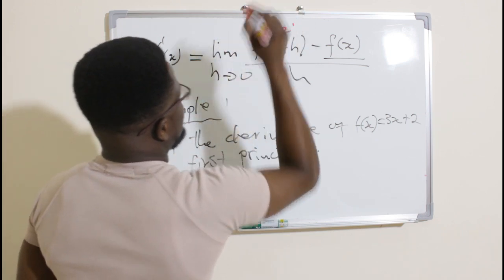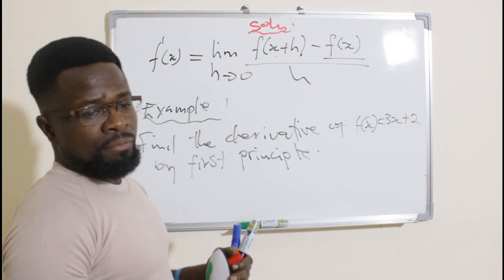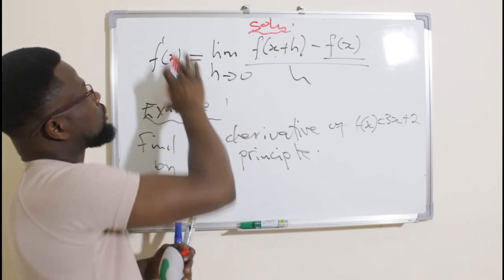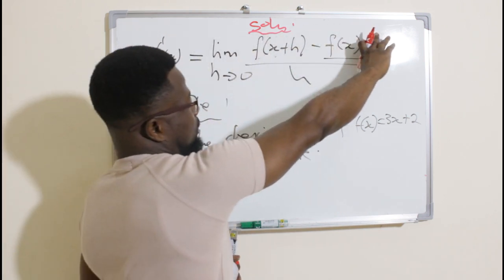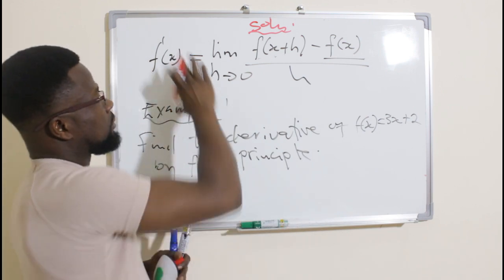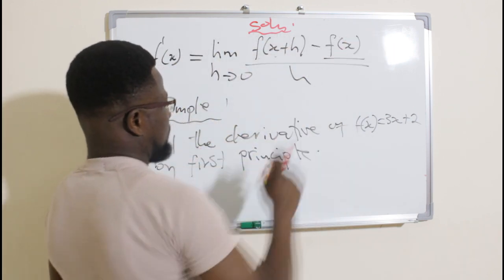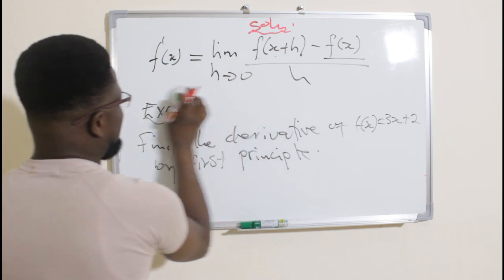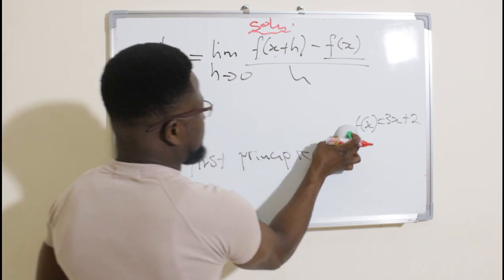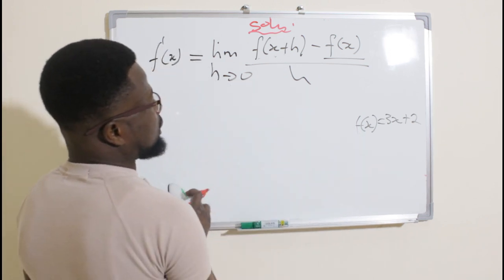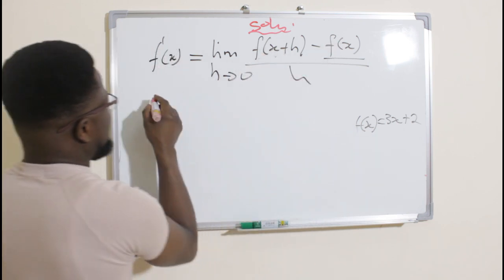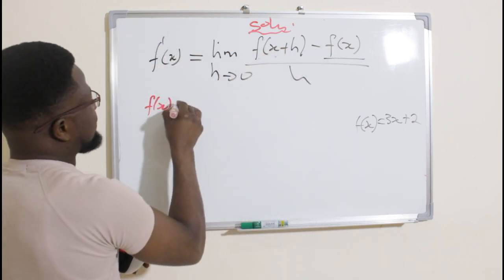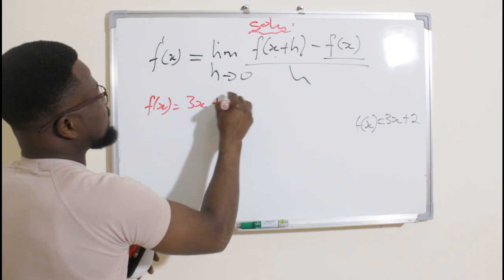Solution. Each time you want to solve the problem, the first thing to do is to write the formula itself. So I have written the formula, which is the first principle. After writing the formula, I am going to write the function that I am given, because the function is part of the formula. So the function is f of x is equal to 3x plus 2.